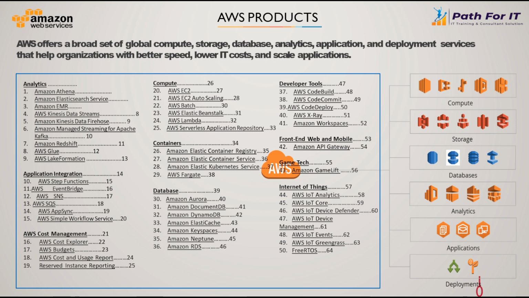We do have so many services in AWS, we can call them services or products. We can see analytics is one service, compute is one service, developer tools are one service, containers we do have, front end web and mobile we do have, game technology, internet of things, database, application integration, AWS cost management.